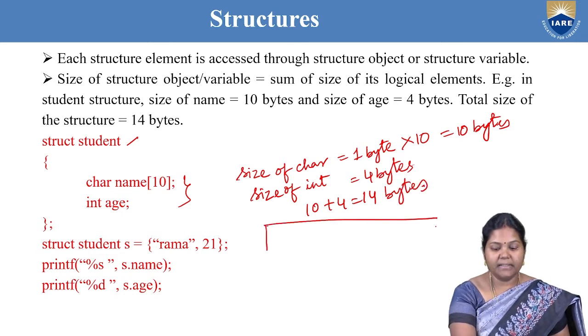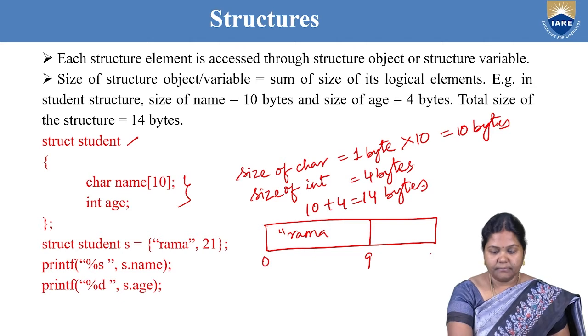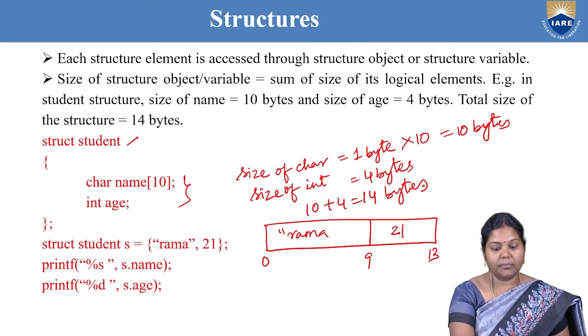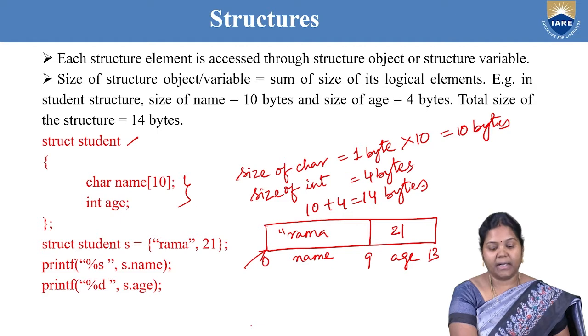That means you have to understand that to store the name Rama, we have given 10 bytes, 0 to 9, and another 4 bytes is for the age. Suppose age is 21. So, this is the name, and this is the age. Every structure member will have its own address.